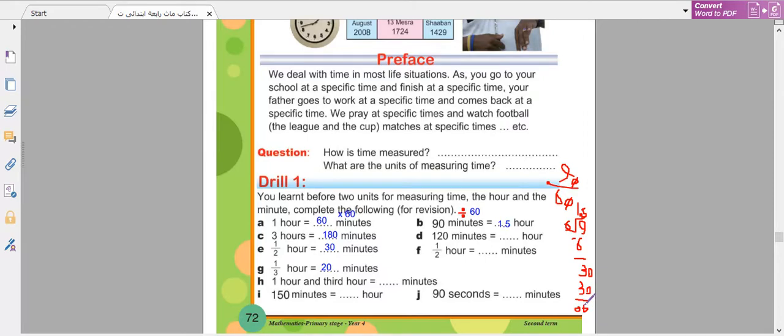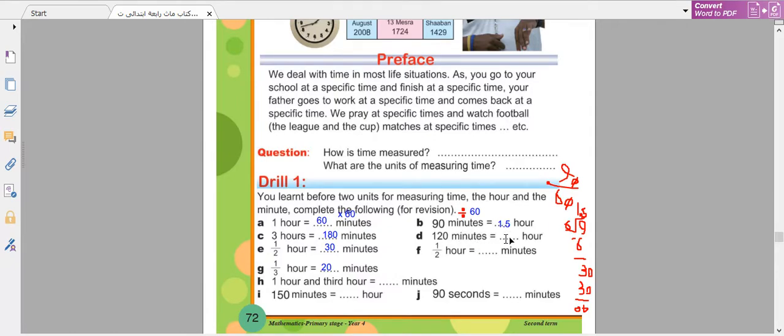So that's how we change from minutes to hours. We use this method. We just use the division operation. We can do it with this one: 120 minutes equal how many hours?